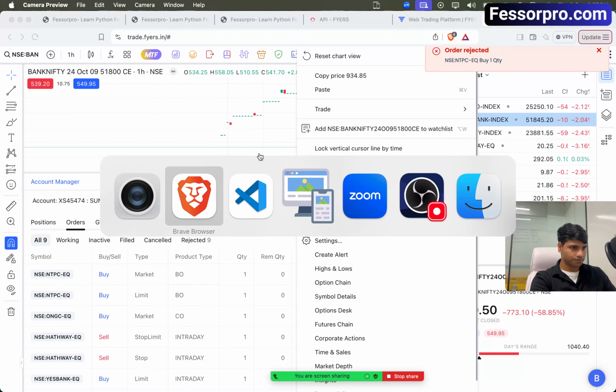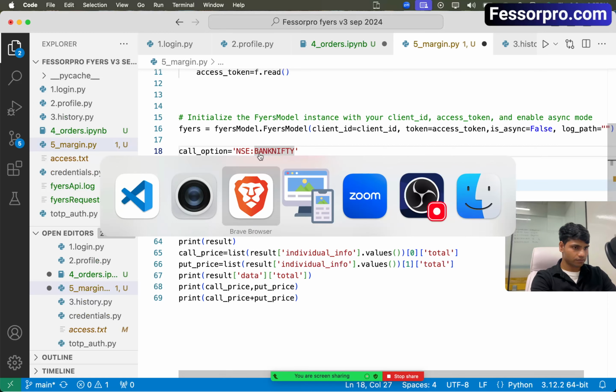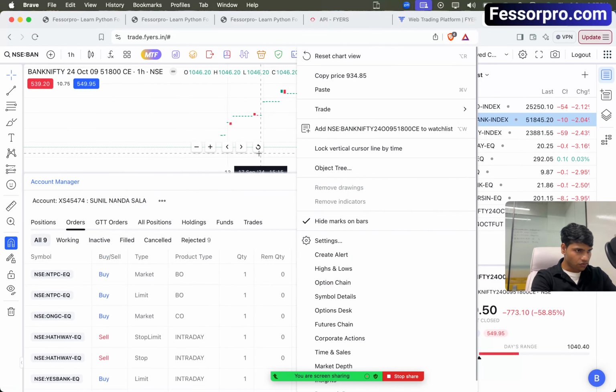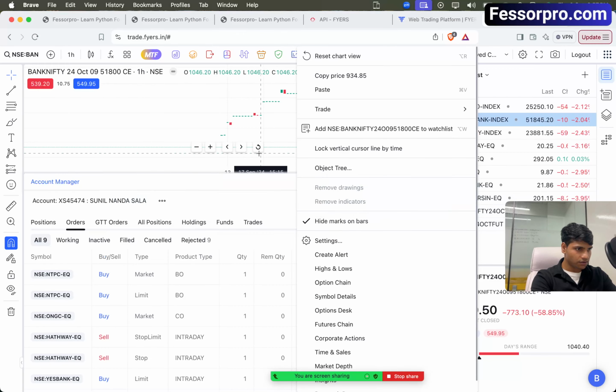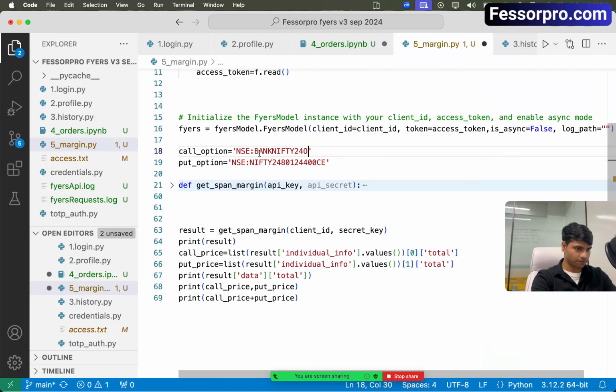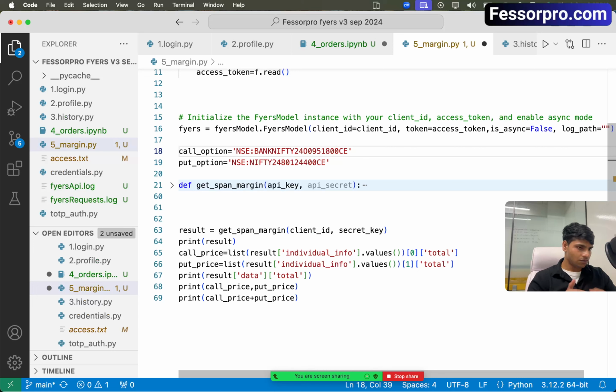Bank Nifty, then I need to write 24 O, O means October by the way, then 09, then 51800, then C.